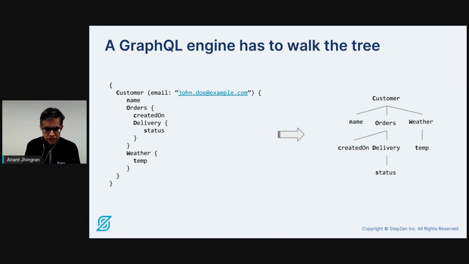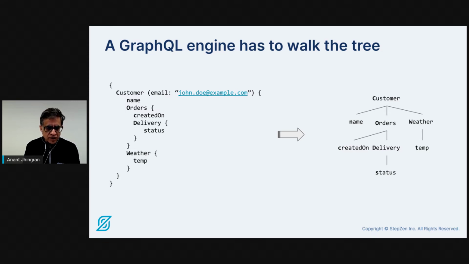Fundamentally, a GraphQL engine, whether you're using any of your favorite tools, be it Apollo, or your tool in Kotlin or Rust or Ruby or Golang, is given a query like this, which is on the left-hand side.